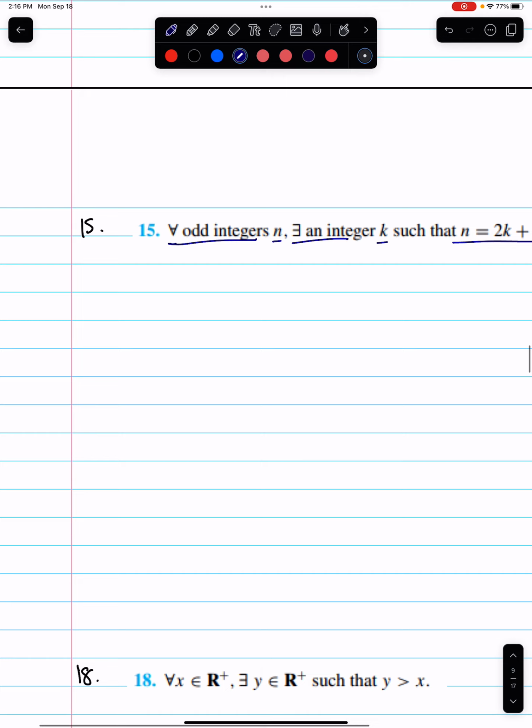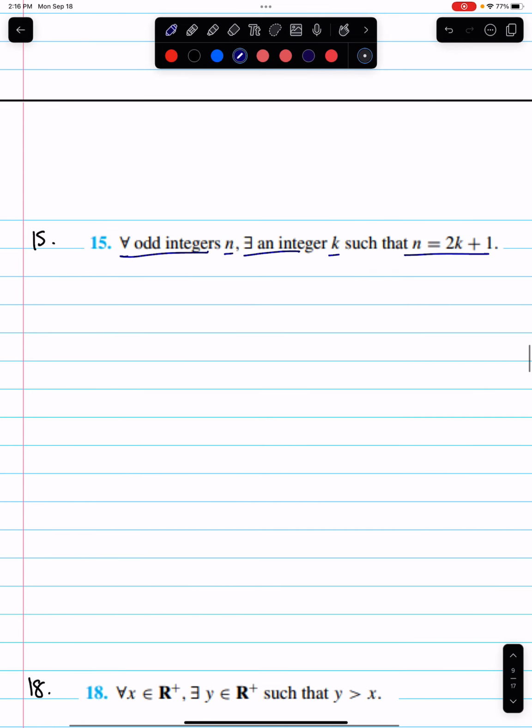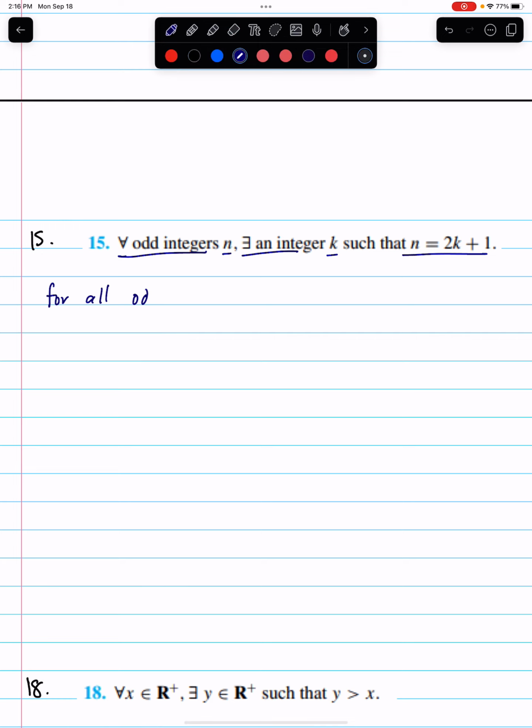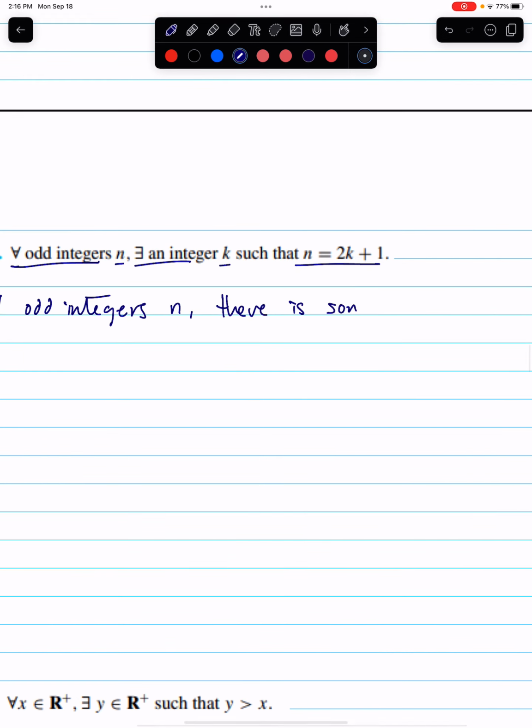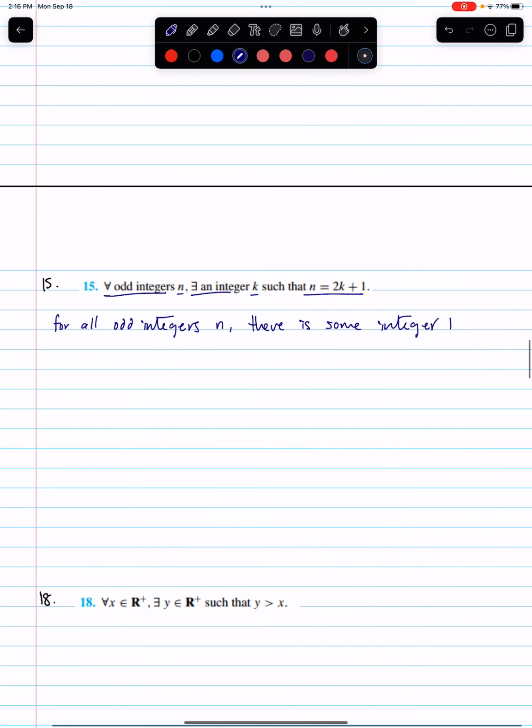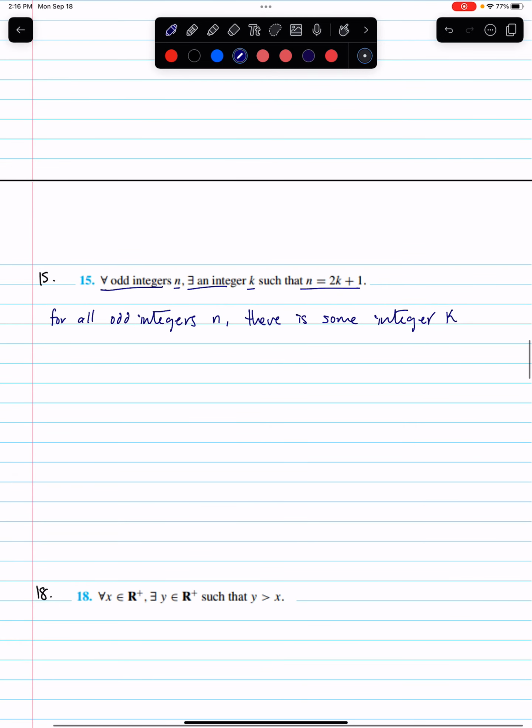Okay, so this says, for all integers n, there is some integer k such that n equals 2k plus 1.